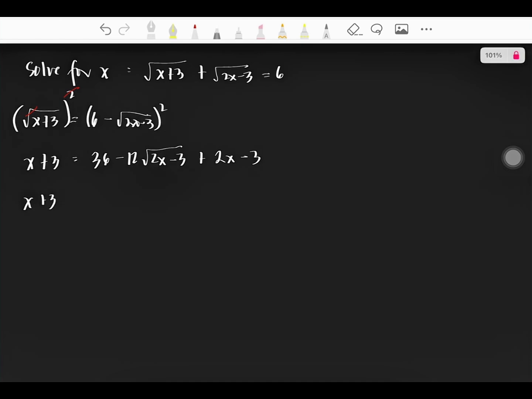Now let's solve: we have x plus 3 is equal to 33 plus 2x minus 12 square root of 2x minus 3.